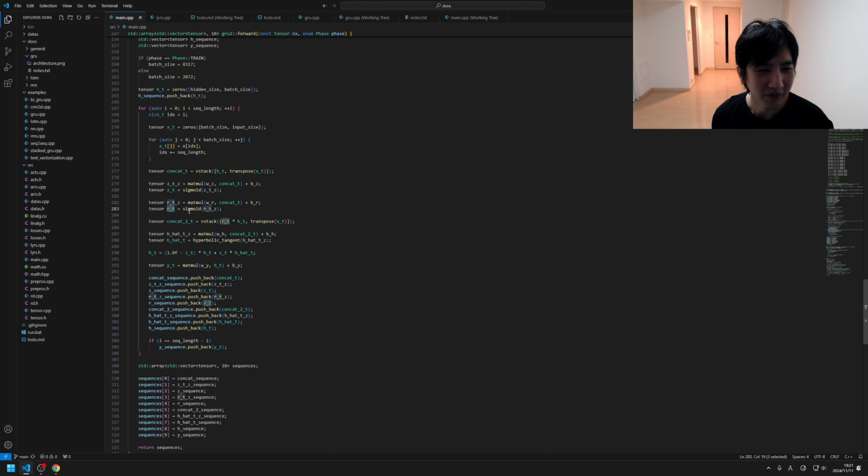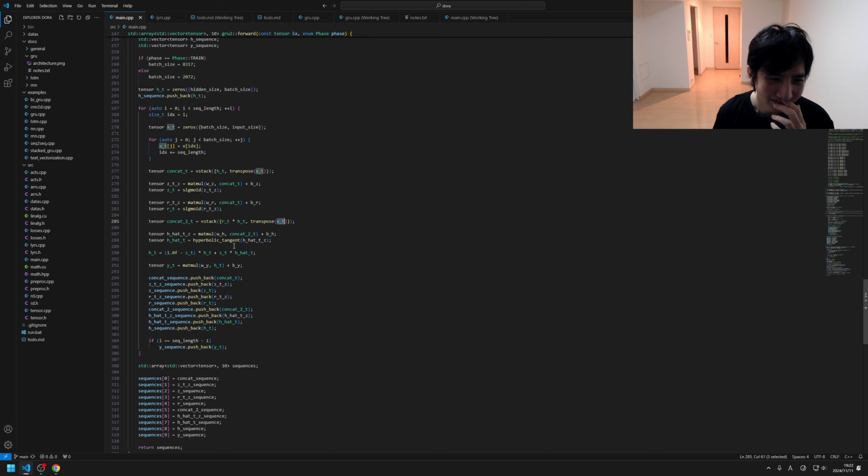And same goes for the reset gate. This decides how much. If this was 1, it means the previous hidden state should be kept. But if it was 0, this whole term becomes 0. And when this comes here, only x, the model thinks the input x should be kept.